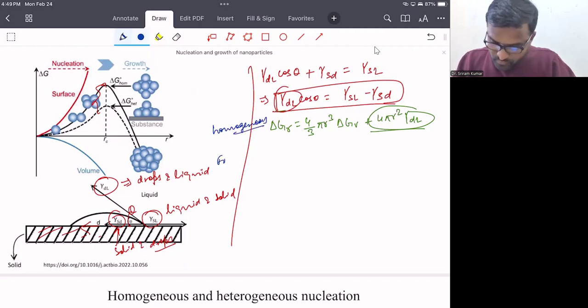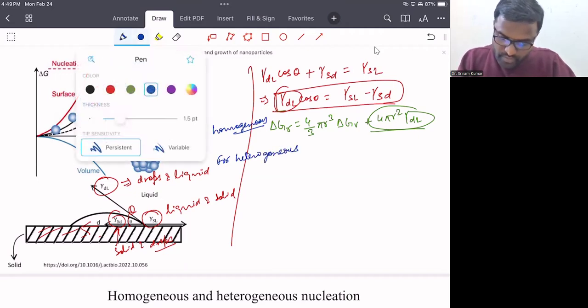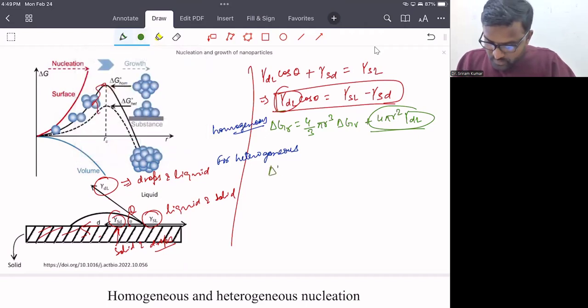For the heterogeneous process, we need to write delta G(r) is equal to 4 by 3 pi r cube delta GV plus 4 pi r square gamma DL minus pi r square gamma DL cos theta.